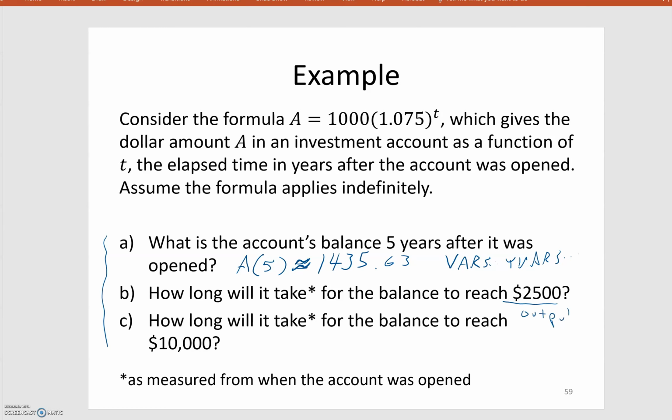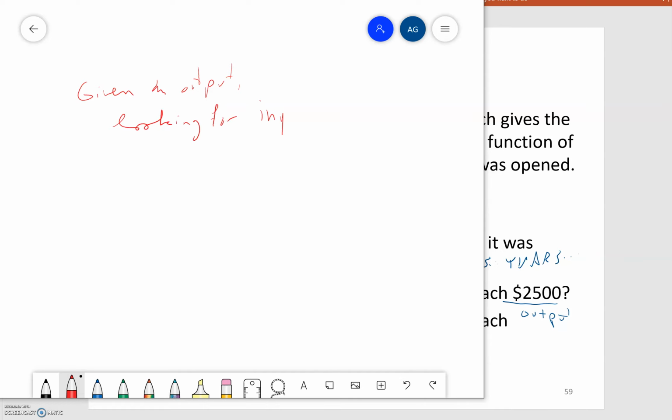It's a bit hard to read, but the point is this. We are given an output, and we're looking for the input, the time. And that means that we have to approach this problem slightly differently.